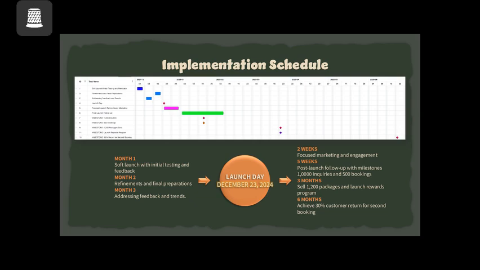Longer term, we aim to sell 1,200 packages, launch a rewards program within the first 3 months, and see 30% of customers return for their second booking within 6 months. This timeline ensures a structured approach to both launching and sustaining our success.